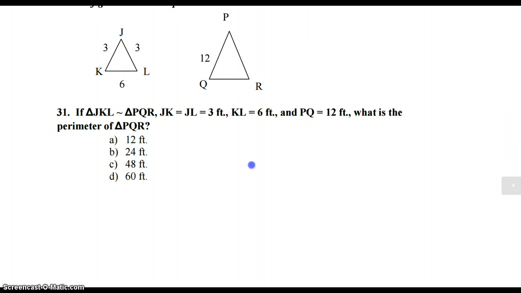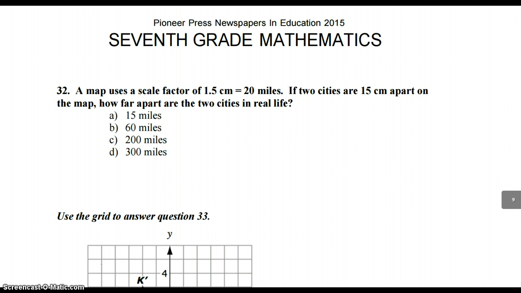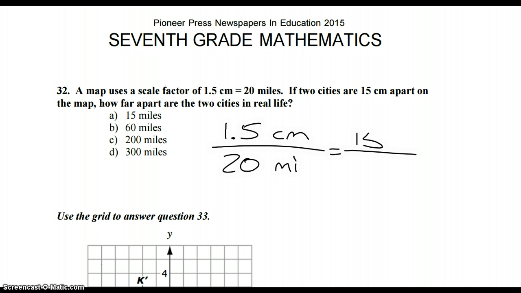So, alright, number 32. A map uses a scale factor of 1.5 centimeters equals 20 miles. If two cities are 15 centimeters apart on the map, how far apart are the two cities in real life? Lots of different ways to do this. I would set up a proportion. 1.5 centimeters is to 20 miles, as 15 centimeters is to X miles, and just make sure everything's lined up.